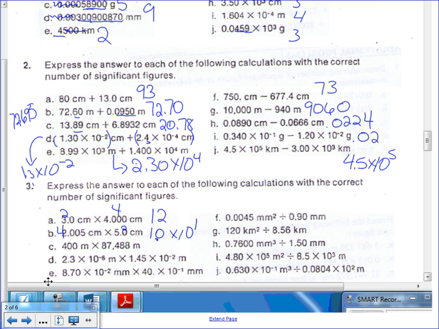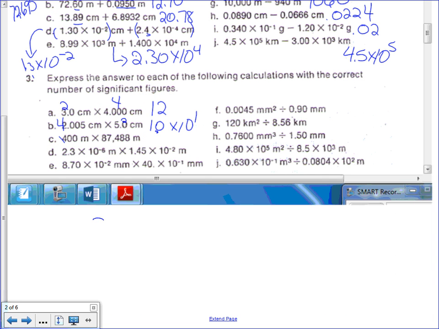All right, letter C, 400. That's only 1 significant figure. 87,488, that's 5. So we know when we put this in our calculator, we should round this to 1 significant figure. All right, you should get 34,995,200. So we need to round this. Let me write it down here. We need to round this to 1 significant figure.